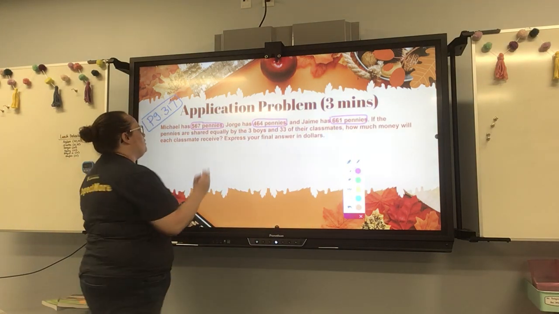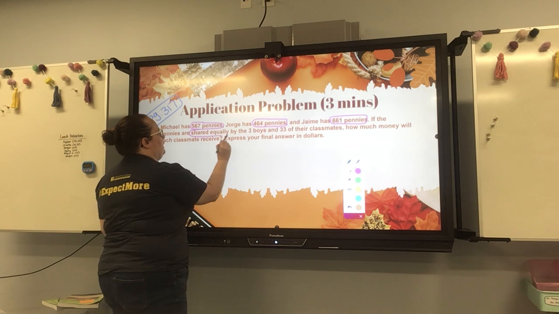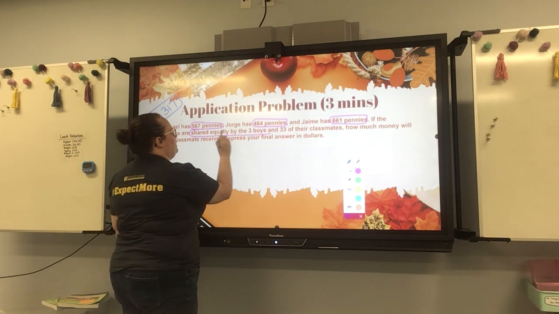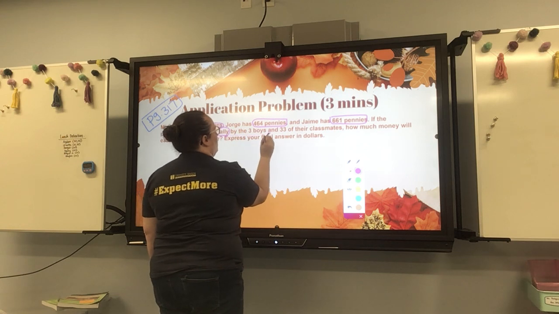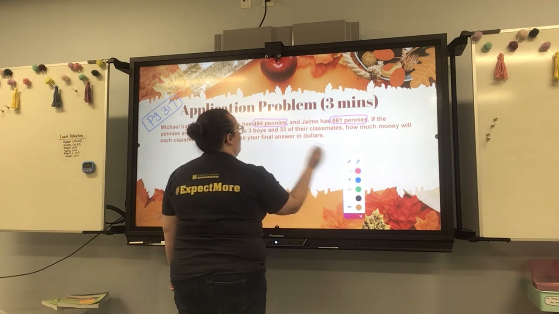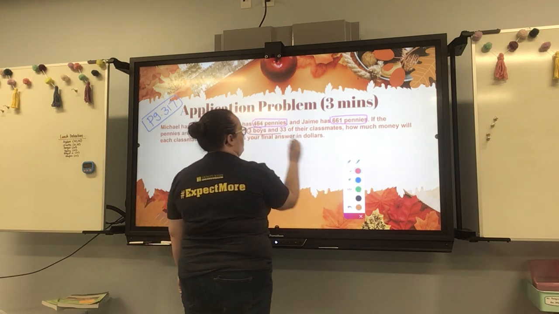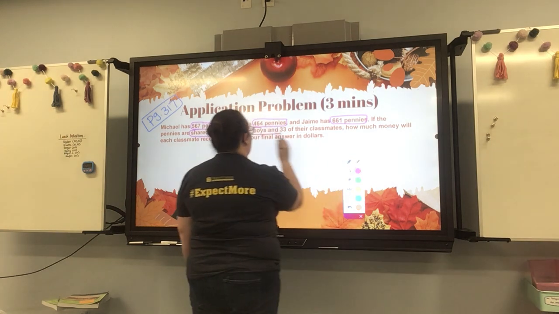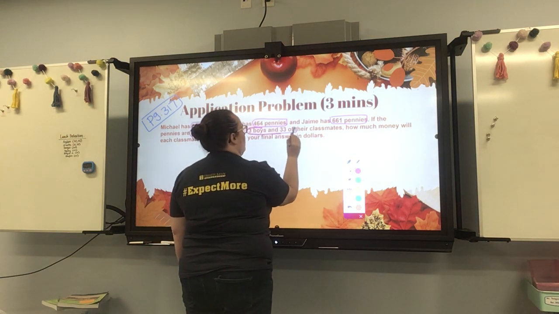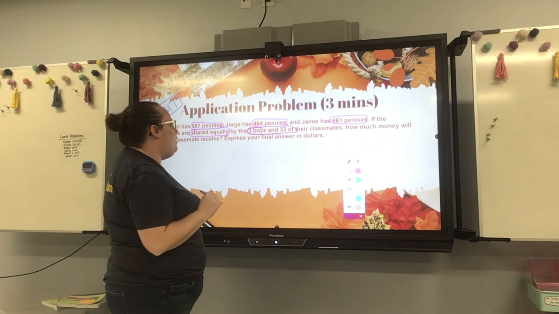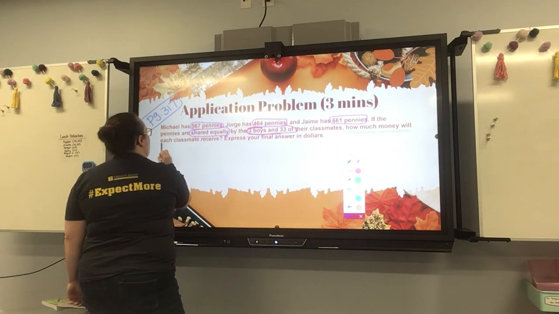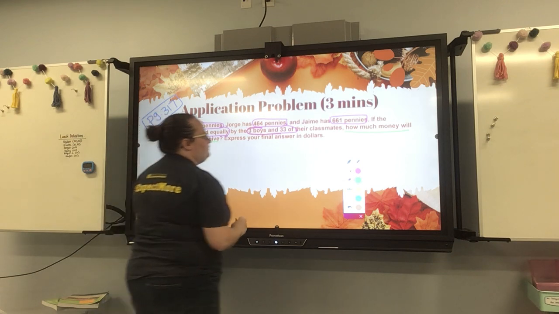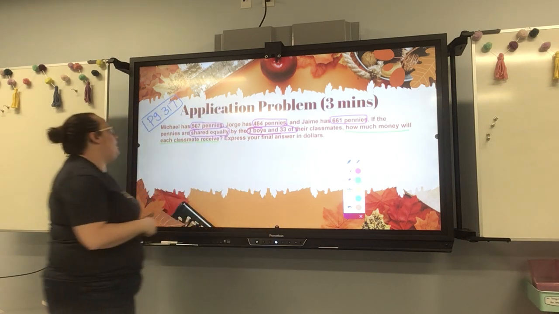If the pennies are shared equally by the 3 boys and 33 of their classmates, how much money will each classmate receive? I'm going to read it one more time.